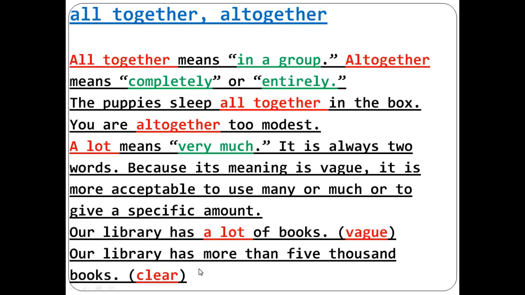To give a specific amount or quantity, you have to use something other than a lot. But if you want to use something vaguely, unclearly, then you should use a lot. I hope that you have got the meaning.